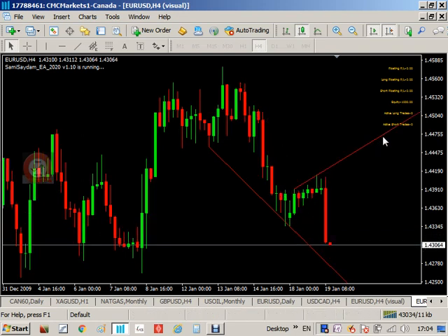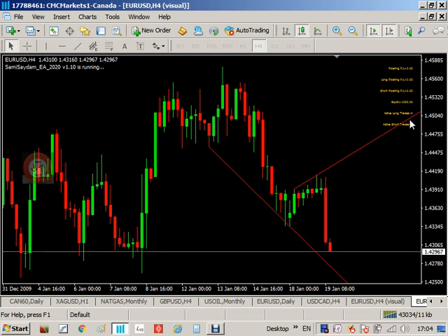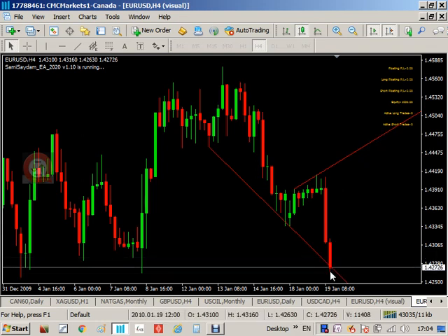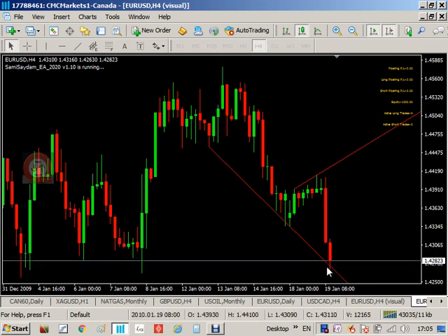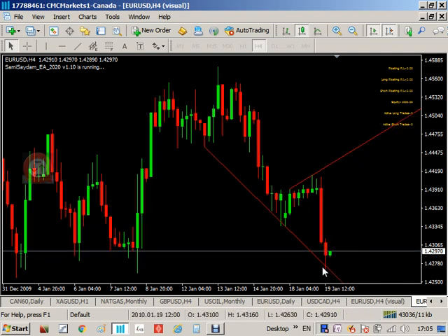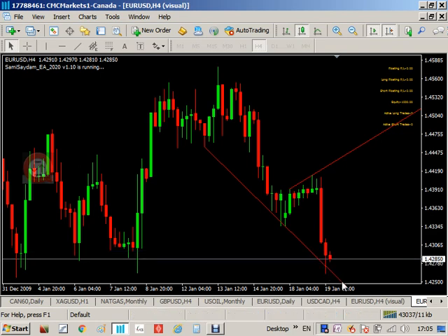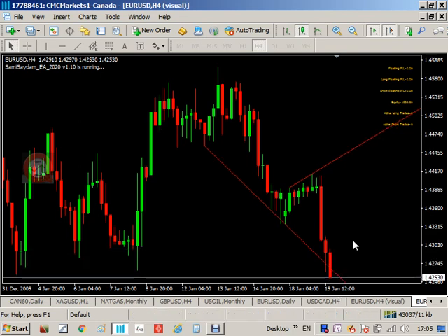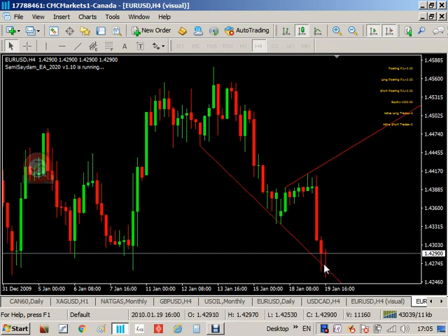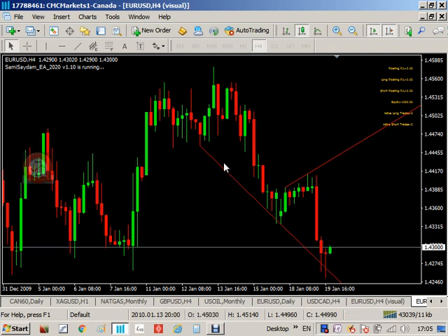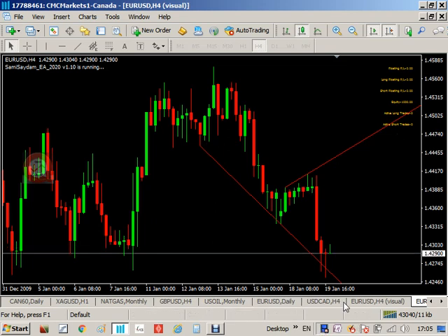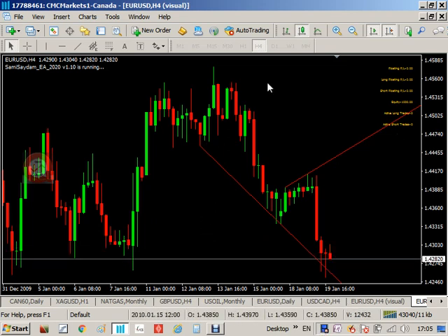Now the line modified itself, as you see, it is breaking the other line. So I want to add more indicators to help me support my idea and my indicator.